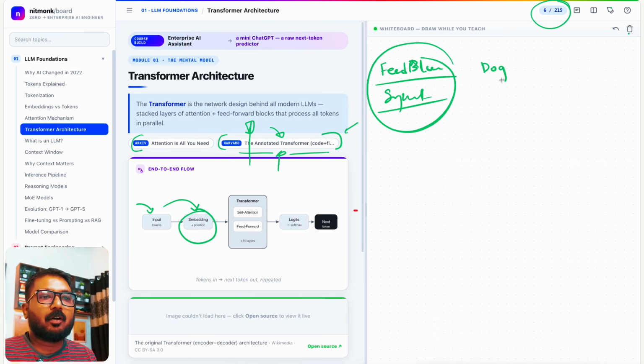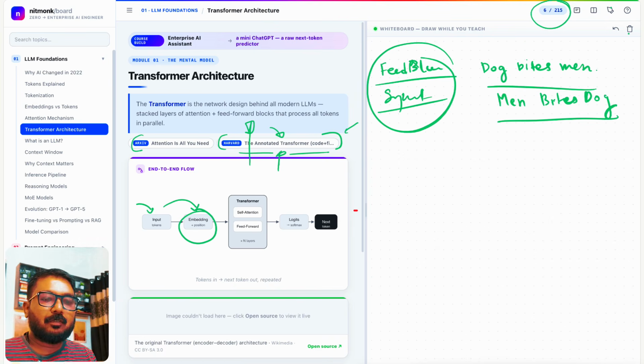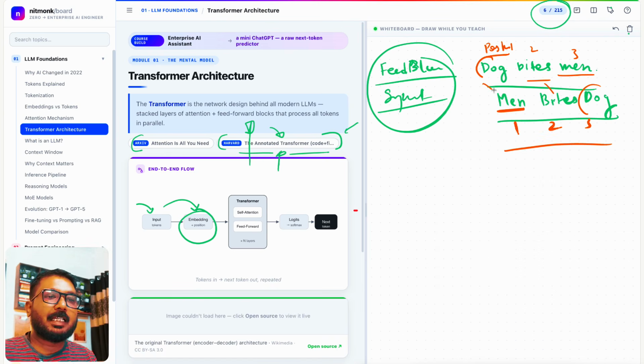Let's say dog bites men, right? And another sentence I write, men bites dog. Both sentences have similar words like dog, men, and bites. So it becomes really important to understand the position of these words, like how positions 1, 2, 3 are set, so that the values can map properly.